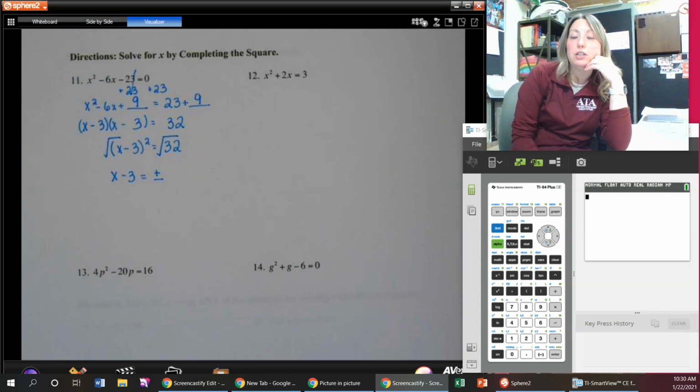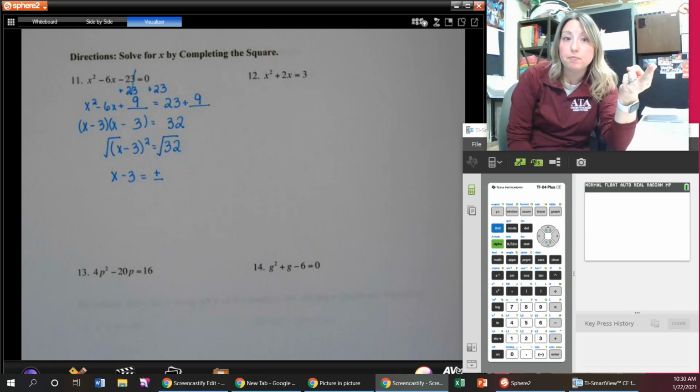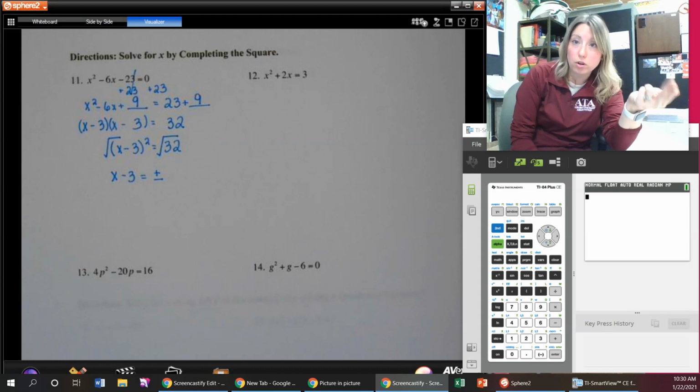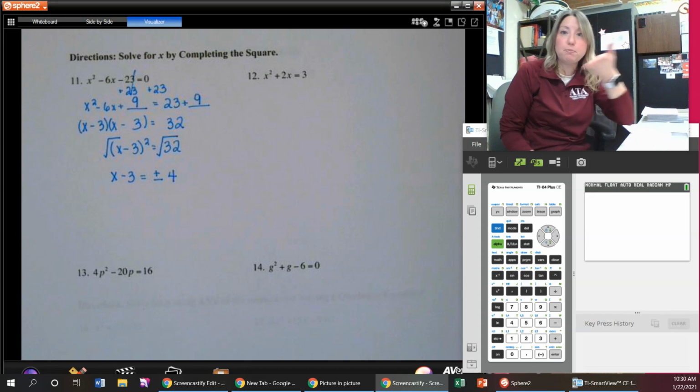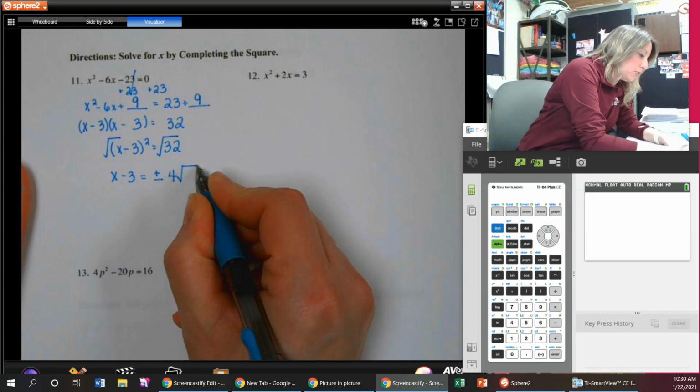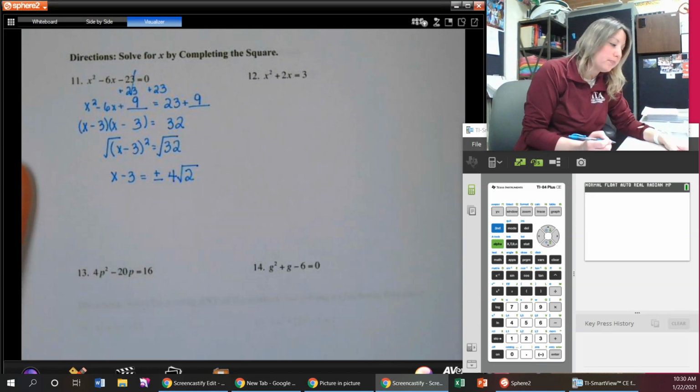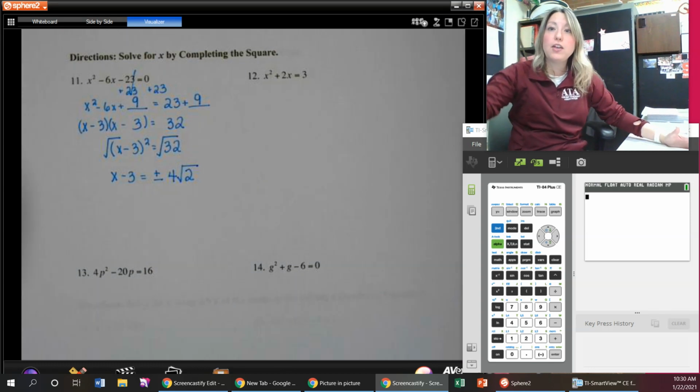Well, 32 is evenly divisible by a couple of perfect squares, 4 and 16. 16 being the biggest one is the wisest one to use. And what's the square root of 16? 4. 32 divided by 16 gives you the leftover under the radical. That would be 2.